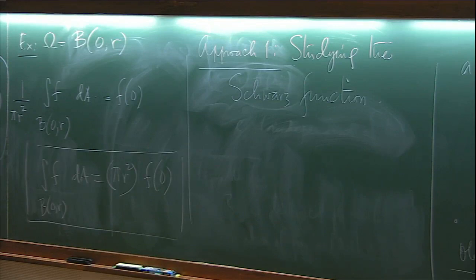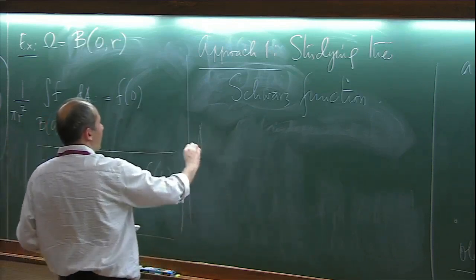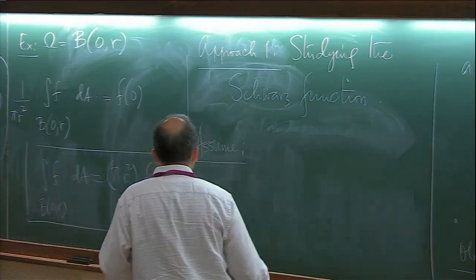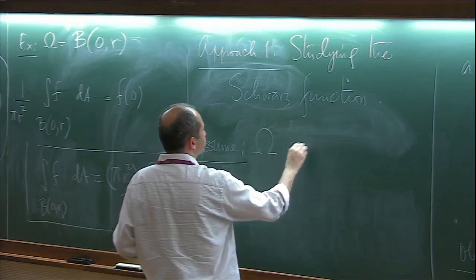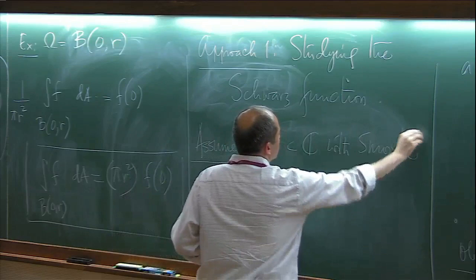And if you want a reflection to exist, your boundary should be real analytic to start with. So I will make the following assumption. This is a local sort of analysis. So I have my domain omega with smooth real analytic boundary.